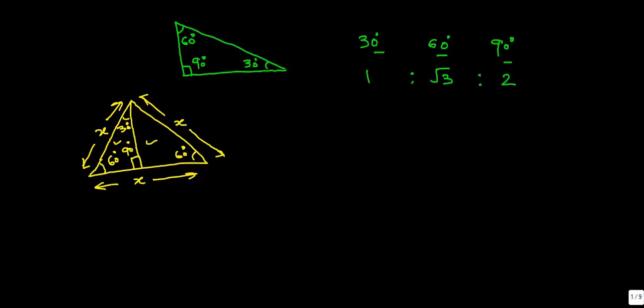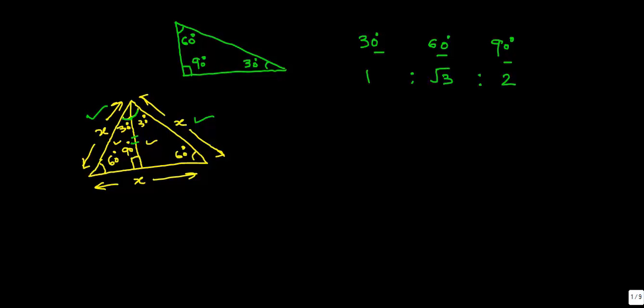Now if you look at these two triangles, this angle is also going to be 30 degrees. These two sides are equal because these are sides of the equilateral triangle. This side is the common side, and the angle between these two sides is 30 degrees.